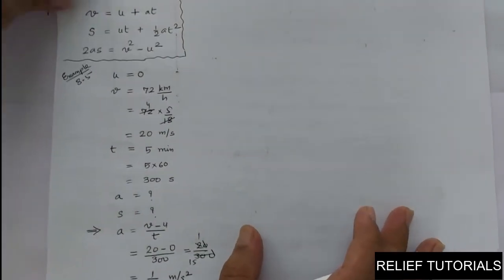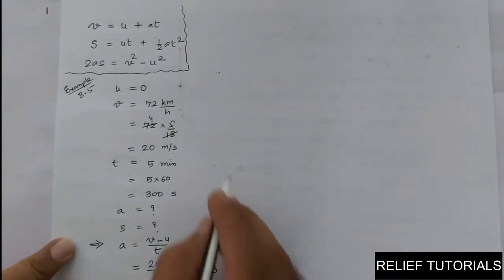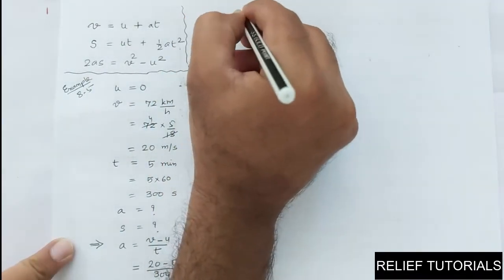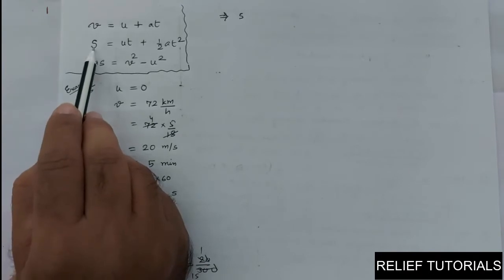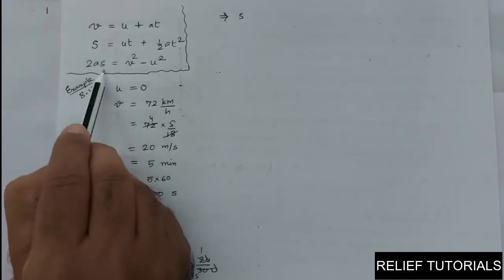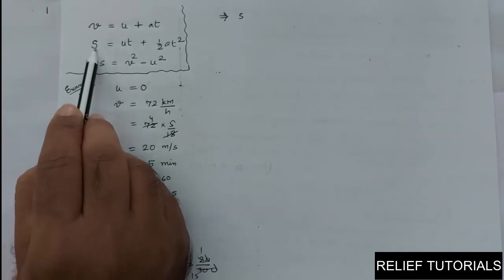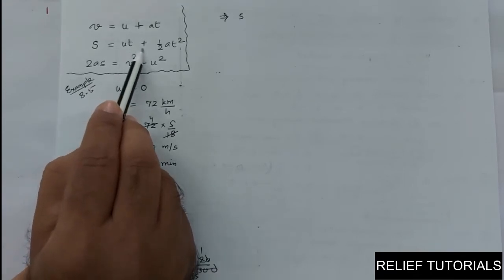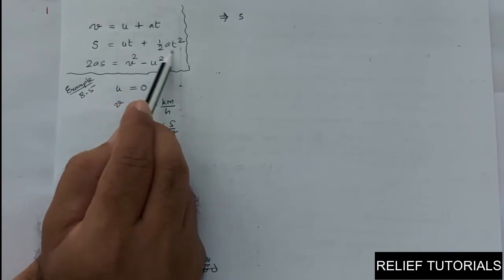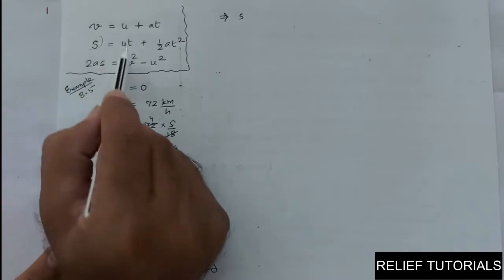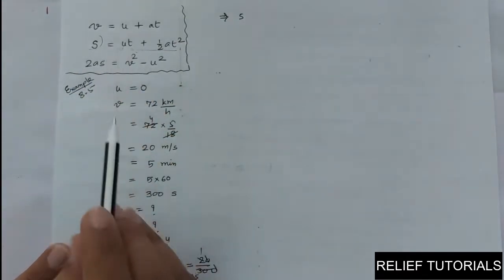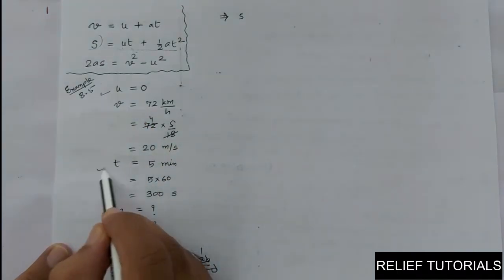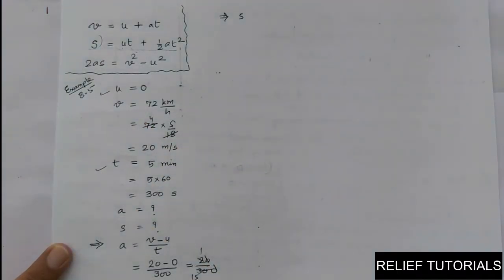And now we have to find the distance traveled. We have two formulas connected to distance. S is equal to ut plus half at square. If you want to find S from this formula, you should have the values of u, t and a, and you have those, since you recently found a.